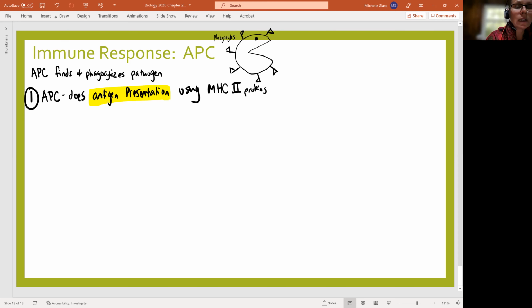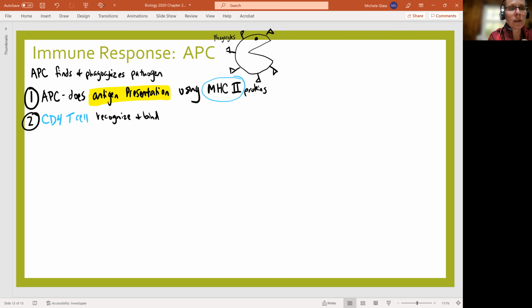As we're thinking about our steps, the next basic step in our pattern was for an inactive lymphocyte to recognize and bind. Because we're looking at the class 2 MHC proteins, we're going to get the CD4 T cell to recognize and bind.